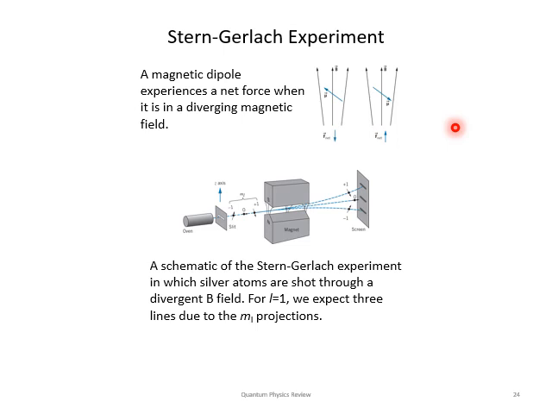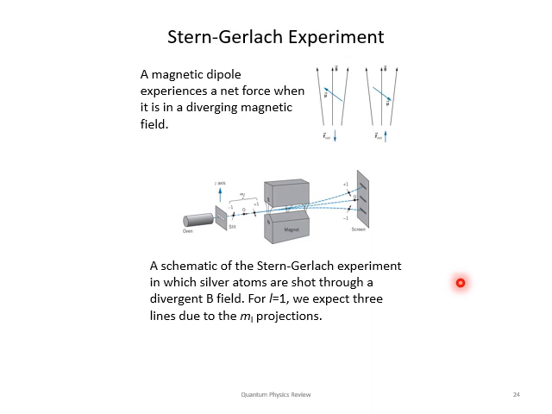The thinking when they did this experiment originally was that if electrons in atoms had angular momentum, then those angular momenta would show up as dipole moments, and they could measure the magnitude of the dipole moment by looking at how far the atoms were diverted upon passing through this magnetic field. That is the basic idea, all right?